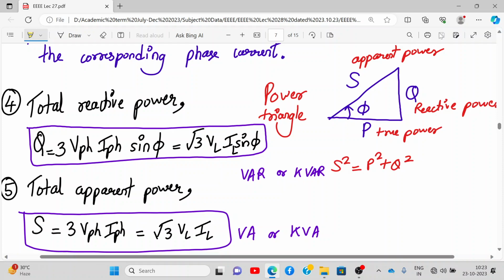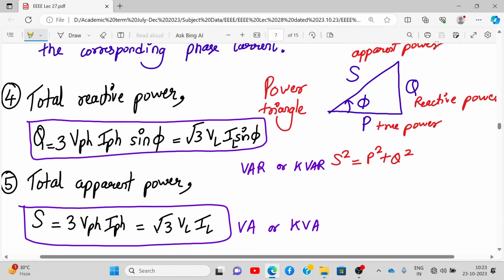Please note it down. So this is the power in a 3-phase star connected balanced system.